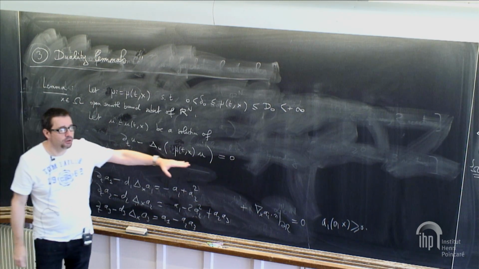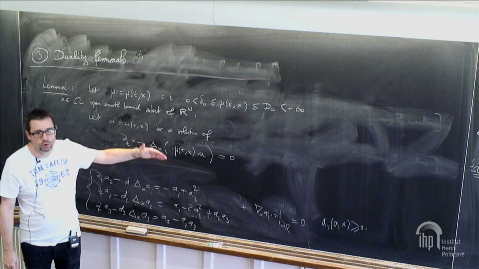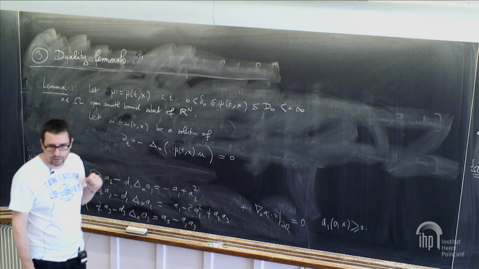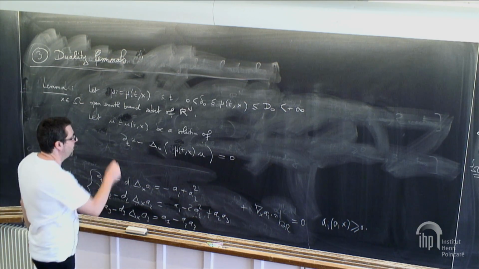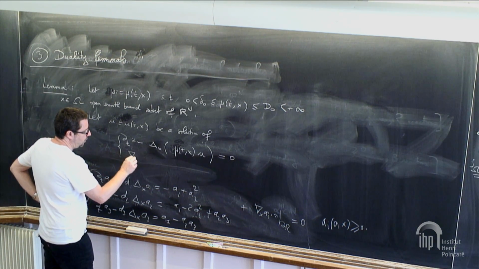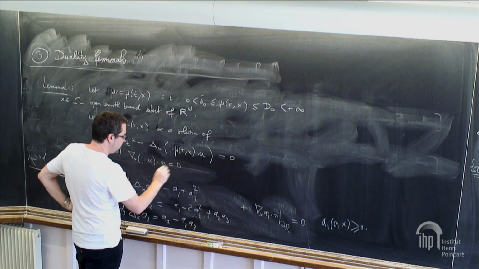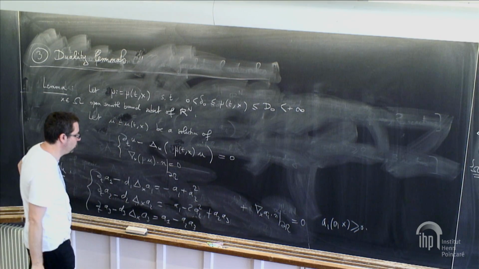So this is a situation which is maybe a little less standard than what is usually considered in the literature. And suppose also that you have the homogeneous Neumann boundary condition, which in this case is written like this. Okay?